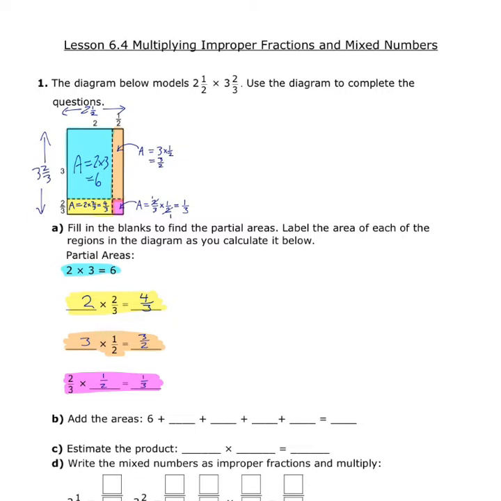And so again, just going back to the first one, which we had labeled in blue, it was 6. And the second one, which we had labeled in yellow, we had an area here of 4/3. And then we had another area which we labeled in sort of an orangey color, and that was 3/2.